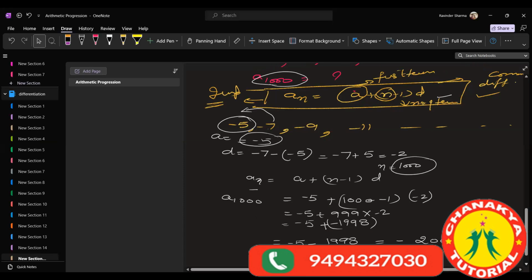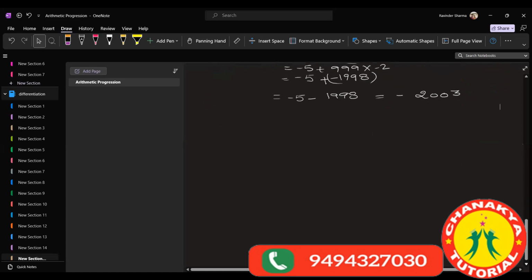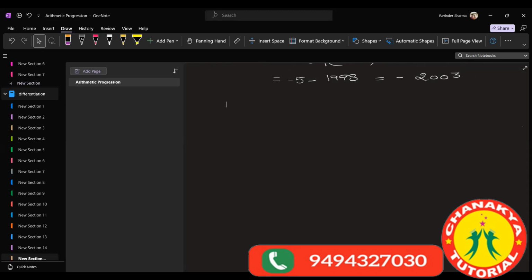See, children, our next is, I'm explaining what is your an. First term you are representing. Suppose this is your series a1, a2, a3, a4, a5.